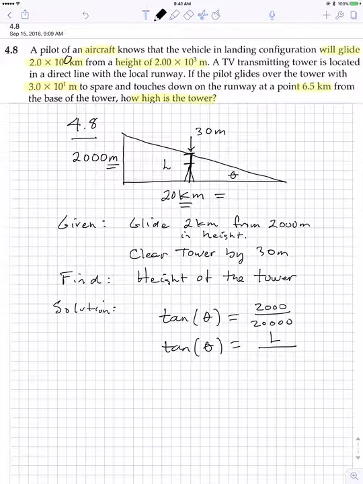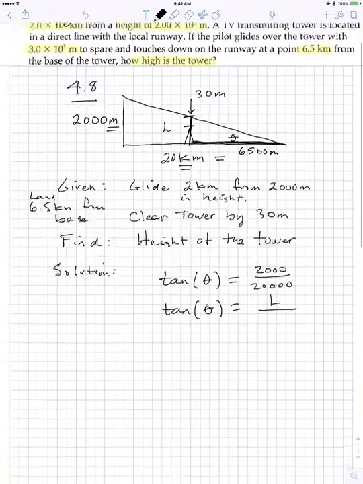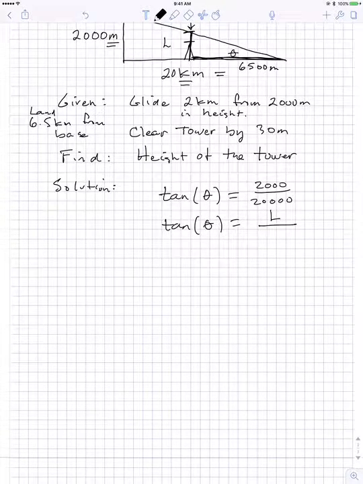That's part of our given. I forgot that one. We're given that we land 6.5 kilometers from the base. Okay, so we know that 6,500 meters is this length. Okay, so tan theta is L over 6,500.